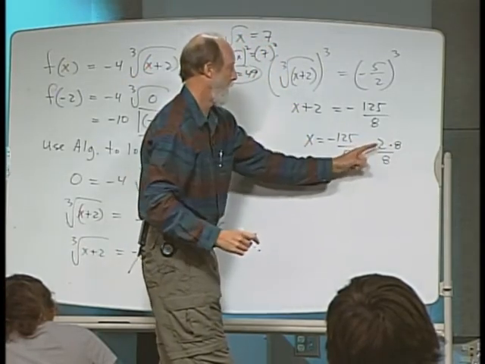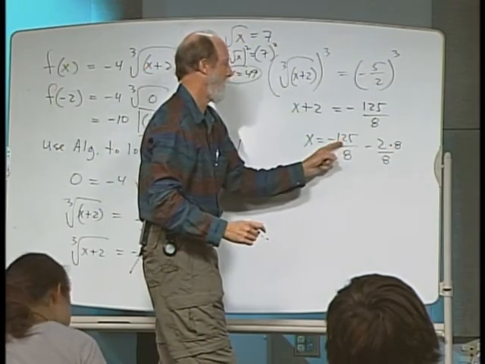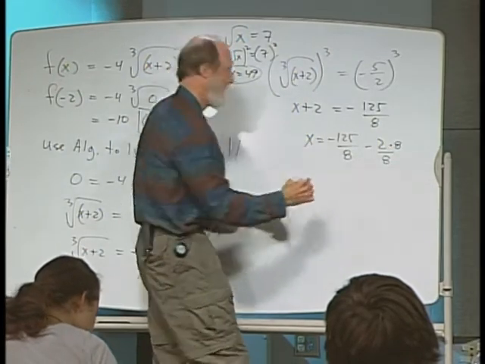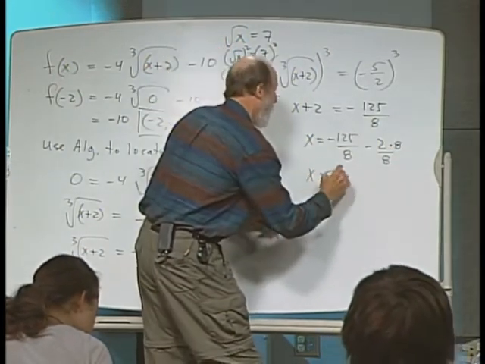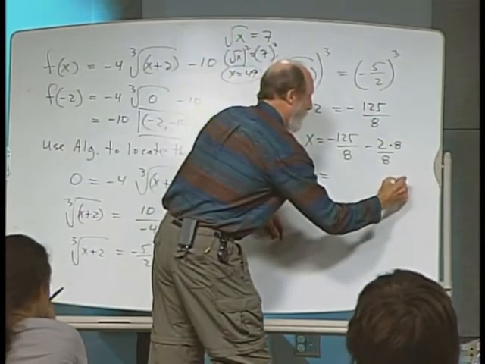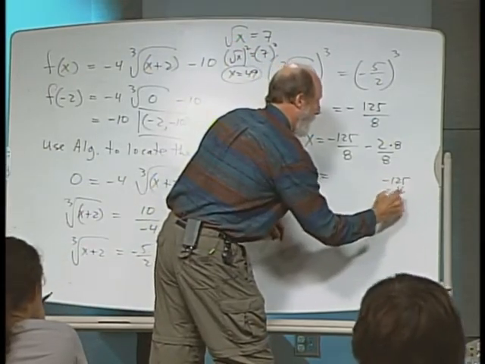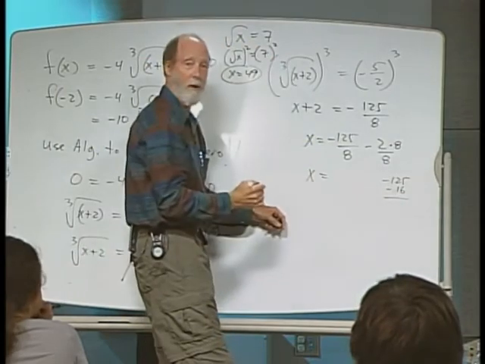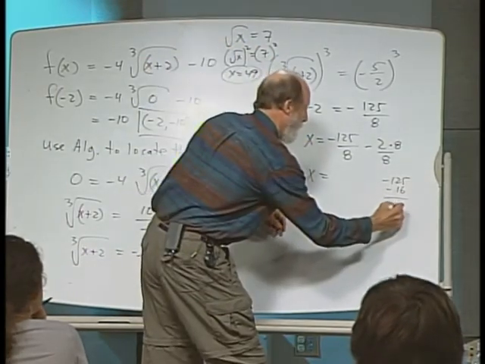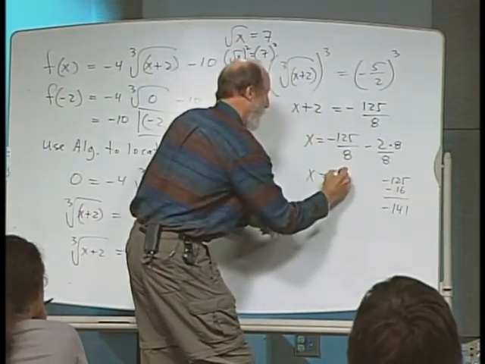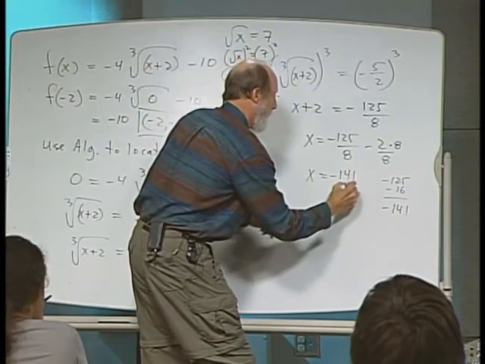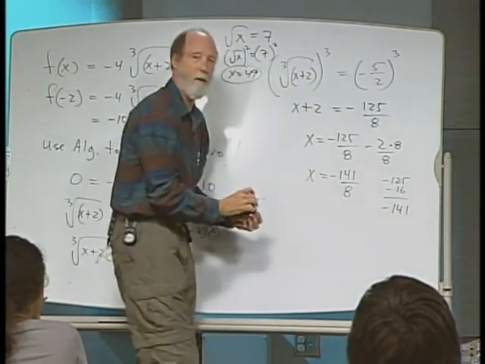So what we're going to do then is we're going to take 16 away from minus 125, and what does that give us? 125 and a minus 16 is negative 141, isn't it? So we get negative 141 divided by the denominator 8.